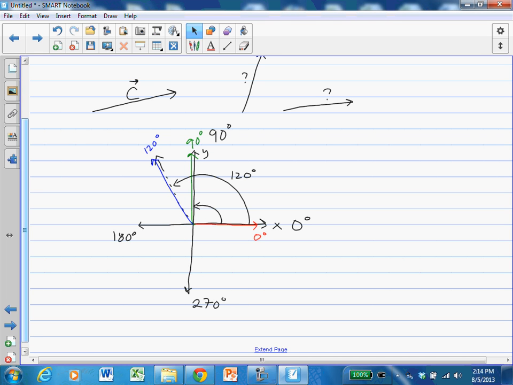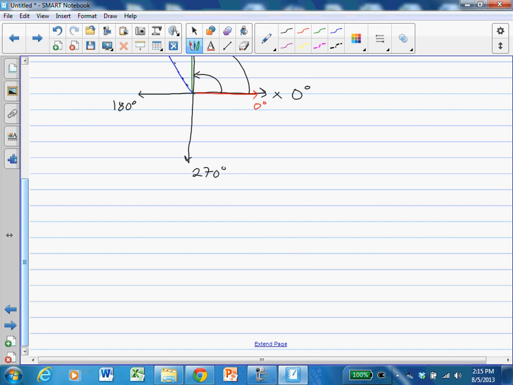Let's add some vectors graphically. Okay? Here's an example. Let's say 10 units at 20 degrees. You had 20 units at 180 degrees.